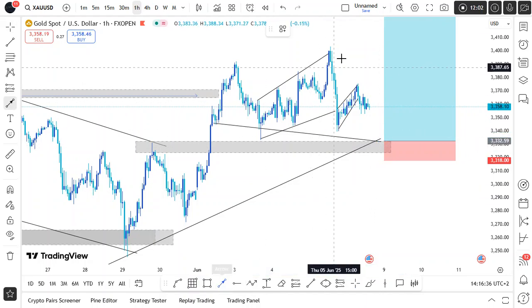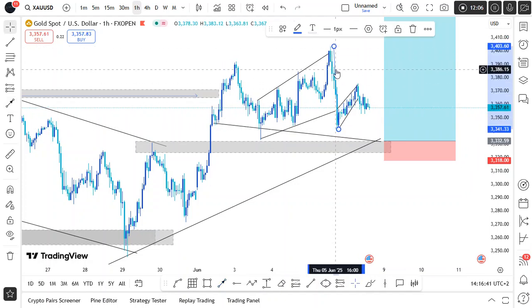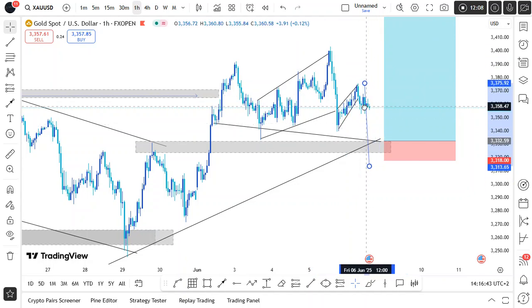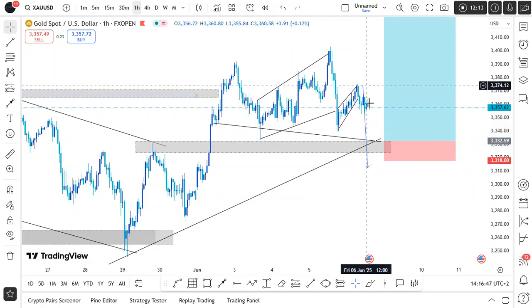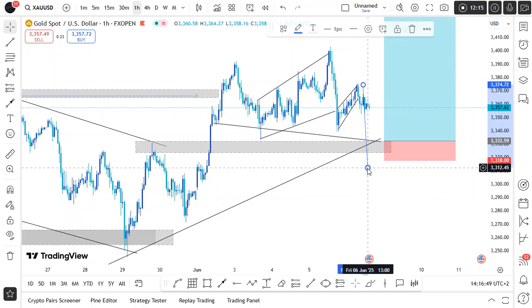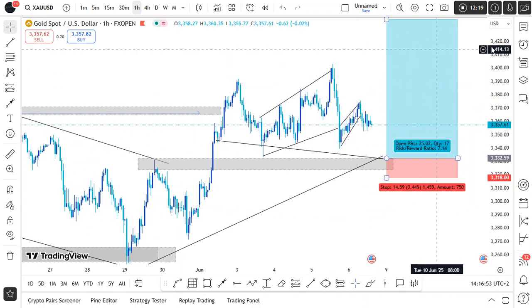Price can still sell. Then this will be our continuation pattern, the continuation pattern that I'll be looking for the short-term sell before I take this overall buy over here.